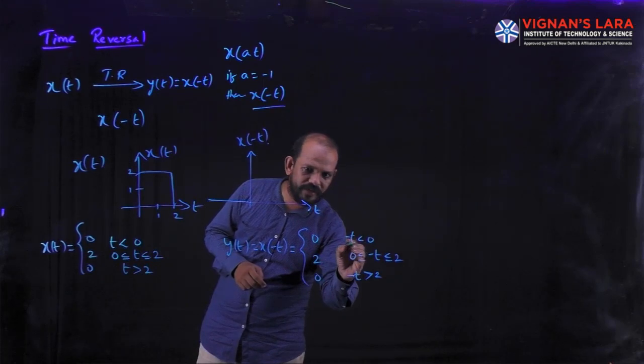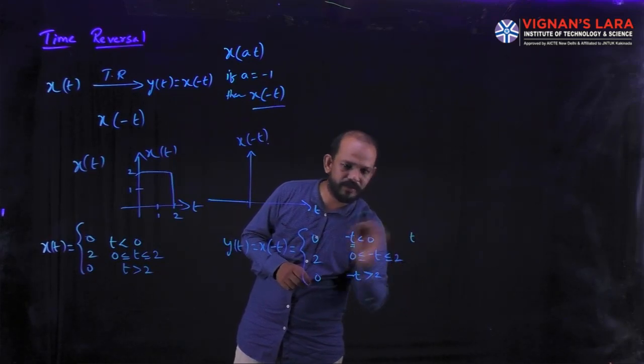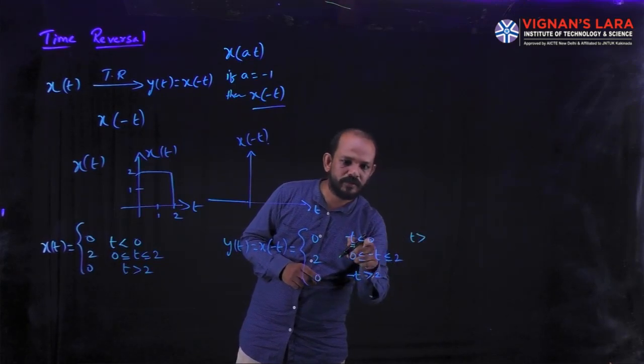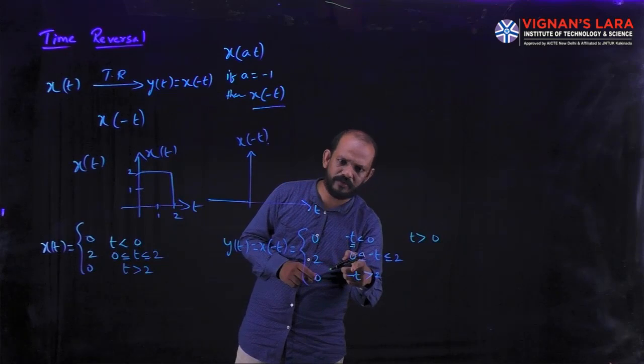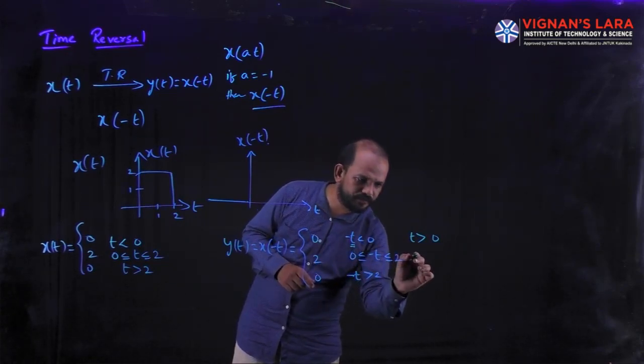Now if you divide this by minus 1, what happens? This will become t. Less than will be greater than. 0 by minus 1, 0 by anything is 0. Next, 0 by minus 1, nothing but 0.